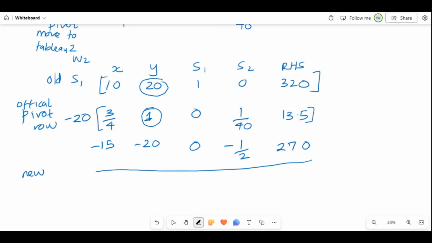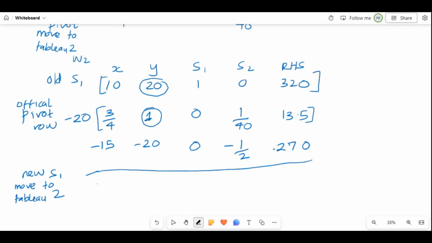And this new S1 is what we'll move to W2. So now it will be 10 minus 15, which is negative 5. Remember, I'm not saying minus minus. The sign that we've already introduced is final.